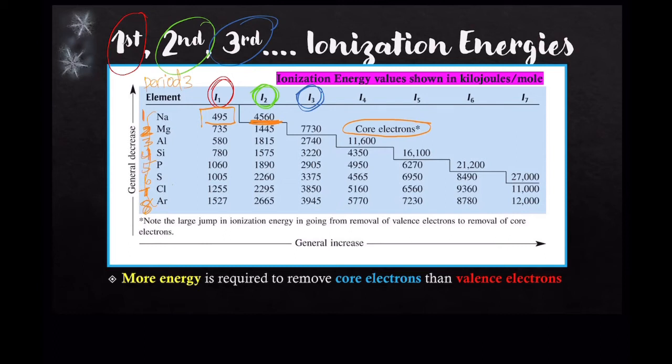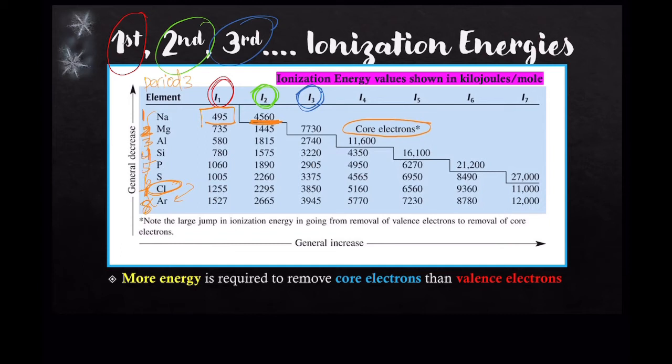Let's take a look at the other end of the periodic table, chlorine. Chlorine is an element that wants to gain electrons. Specifically, it wants to gain 1. So it will have a charge of -1, an oxidation number of -1, so it can become stable like the noble gas argon in its electron configuration. So chlorine doesn't want to lose any electrons at all.